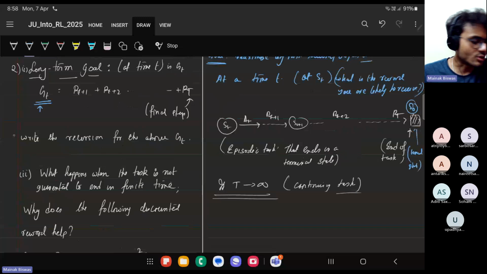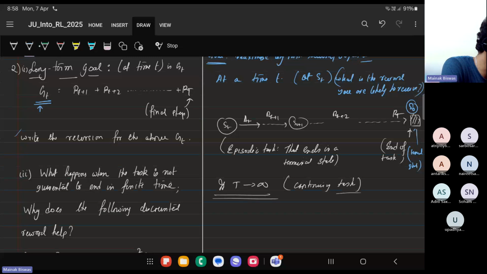So let us write down. The question asks you to write down a recursion for G t. Can you tell me a recursion for G t? It is very simple, but let's write it down.